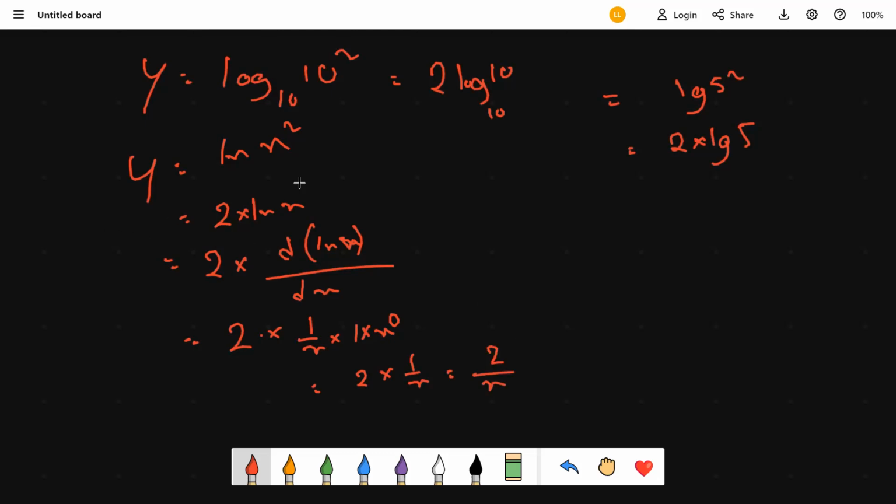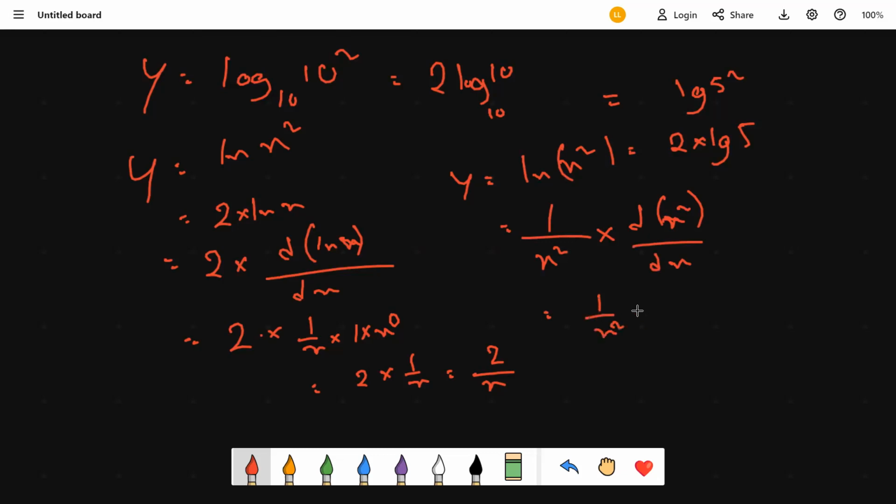Now, this was the first method. Another method is not to bring the power in front. We would simply apply the differentiation of ln x that we learned here. The inner portion is going to be brought to the denominator, multiplied with the differentiated portion of the inner portion, which is x squared. That gives us 1 over x squared times the differentiated value of x squared.